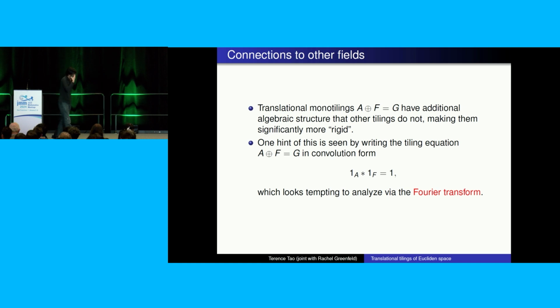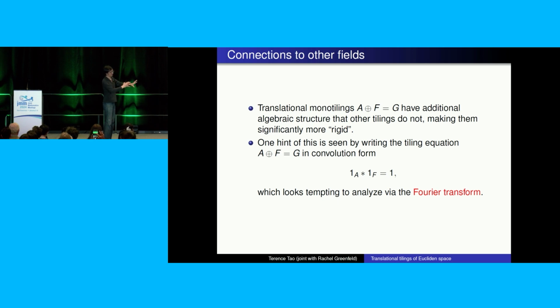What I like about this particular problem is you can divide mathematics broadly into structured mathematics, where there's lots of symmetries, lots of structure, and it's very algebraic and very rigid, so tools from algebra become very useful.